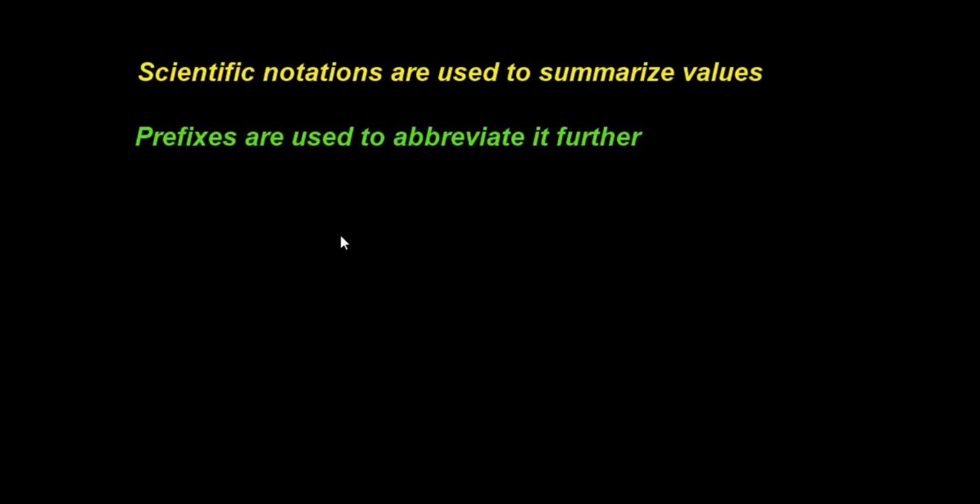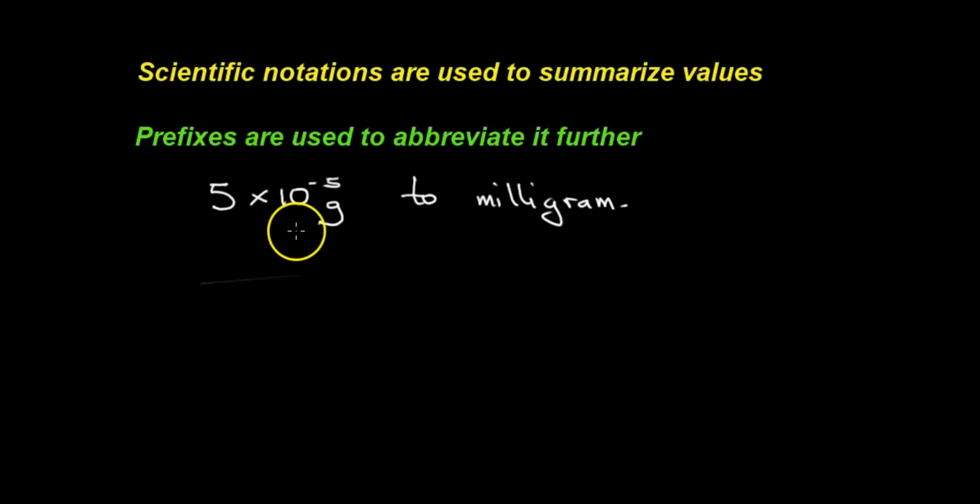As we said in our explanation, scientific notations are used to summarize values. But sometimes when you write, for example, 5 times 10 exponent negative 5 grams, though we have simplified this value, pronouncing it becomes so much of a problem.